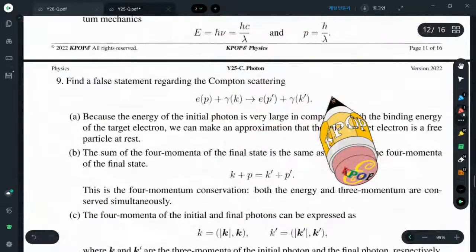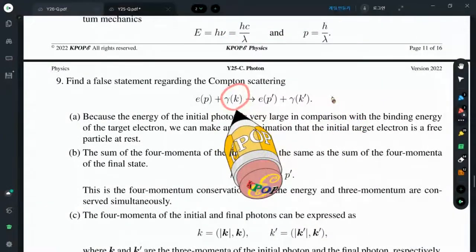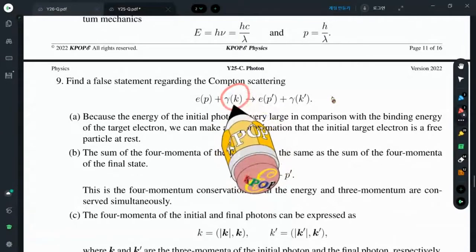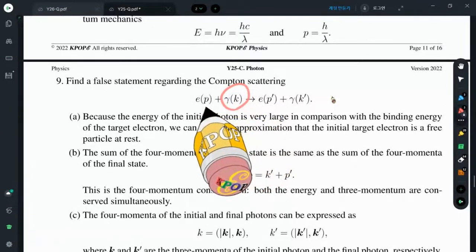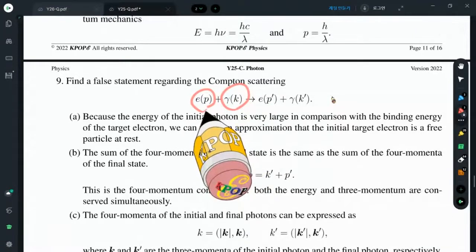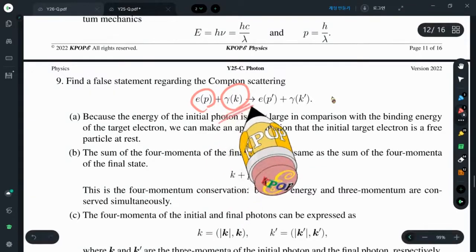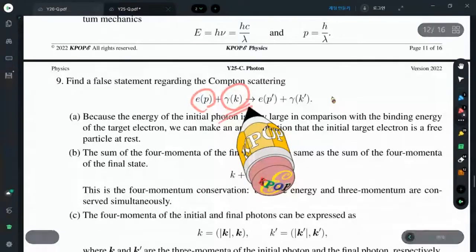Instead, with a very high energy photon hitting the matter, we can treat the electron attached to the metal as a free particle, because in comparison with the large energy of an X-ray, the binding energy is very small.